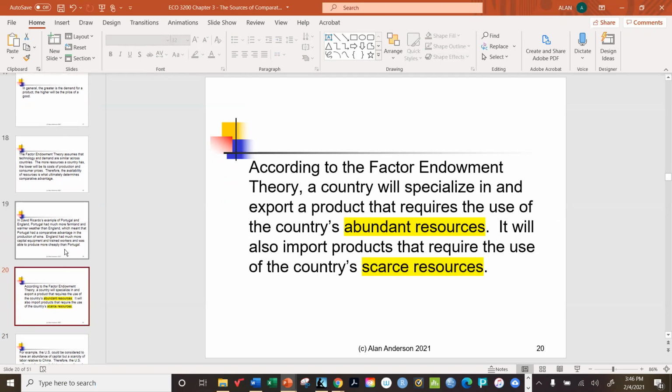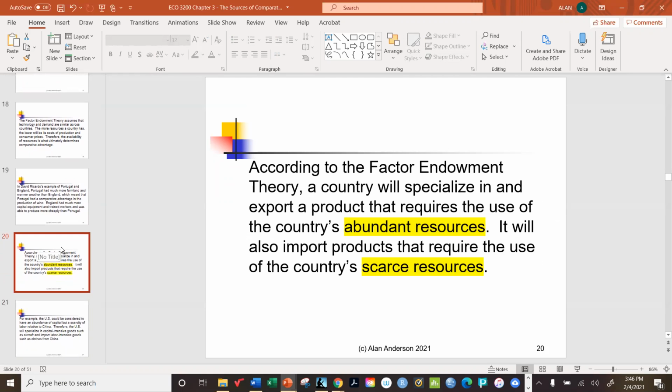So again, looking back at Ricardo, we would say that England had an abundance of capital and Portugal had an abundance of land. Okay, and so that's what ultimately determined the pattern of trade between the two countries, and that came from their comparative advantages in those two goods.